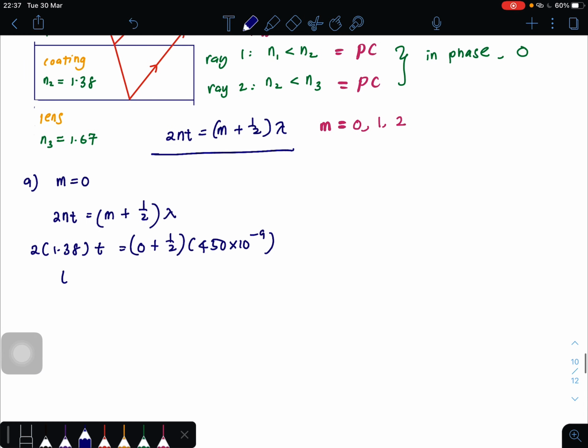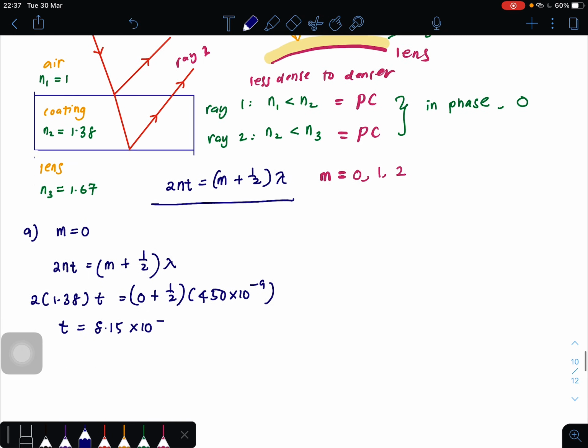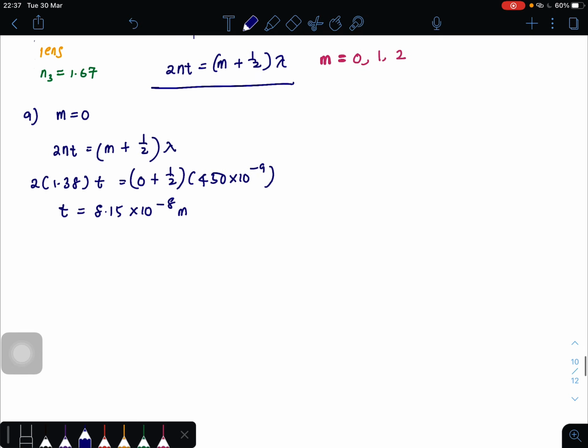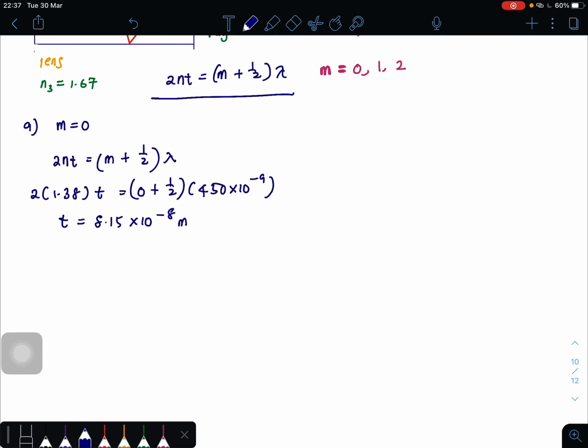So t will be equal to 8.15 times 10 to the negative 8 meters.